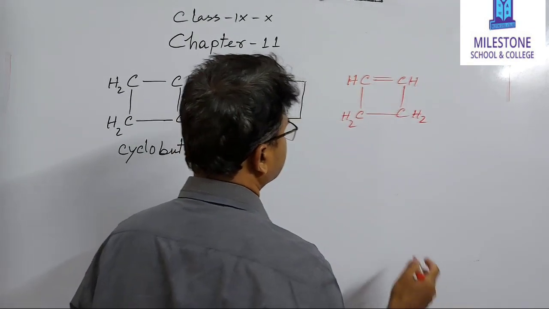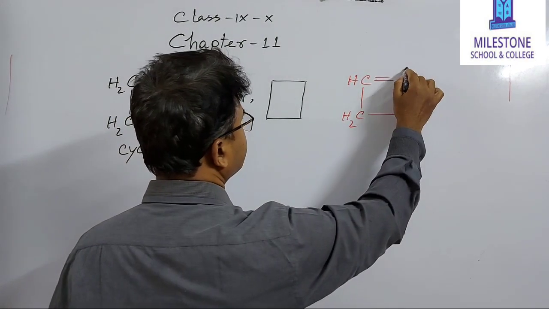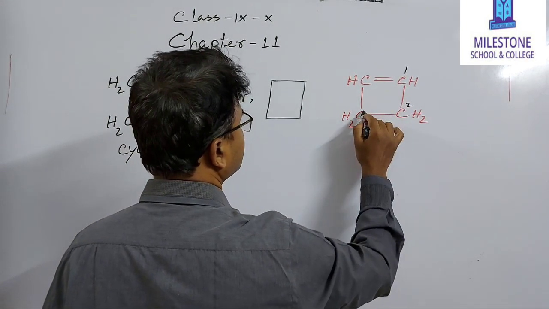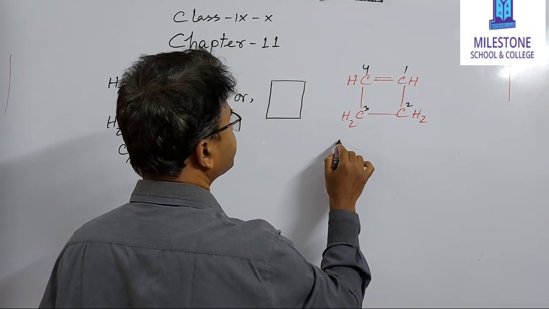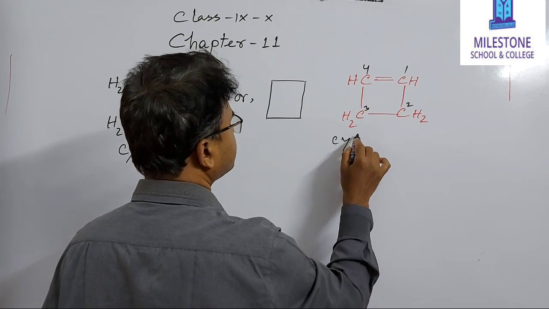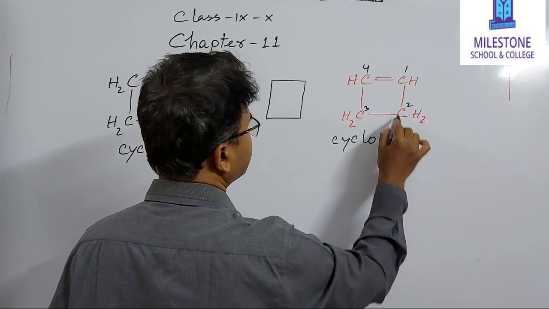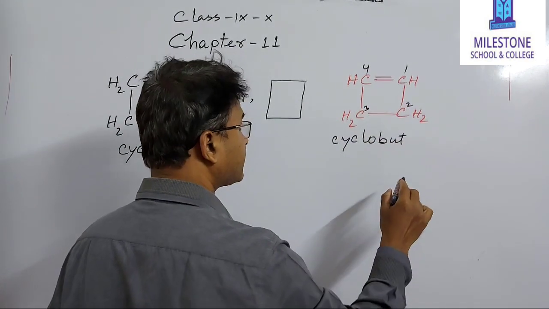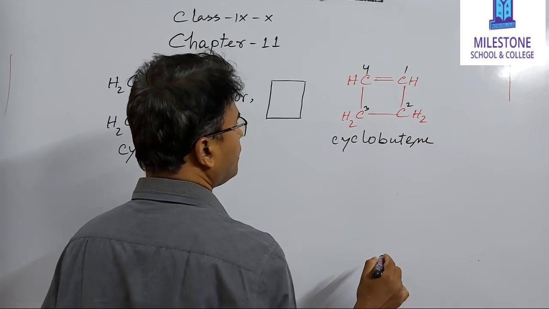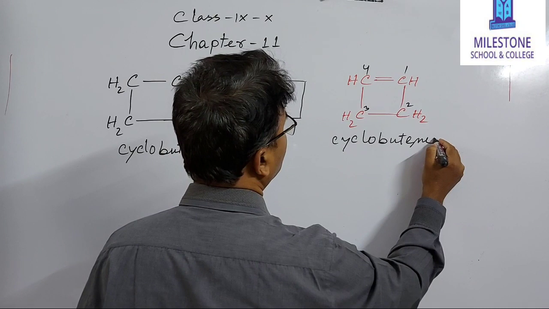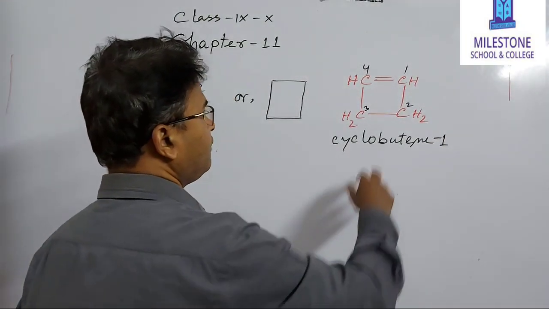To write the name of this compound, 1, 2, 3, 4, the name is cyclobut, and as there is one carbon-carbon double bond, it will be cyclobutene-1. I mean the carbon-carbon double bond is at the first carbon.